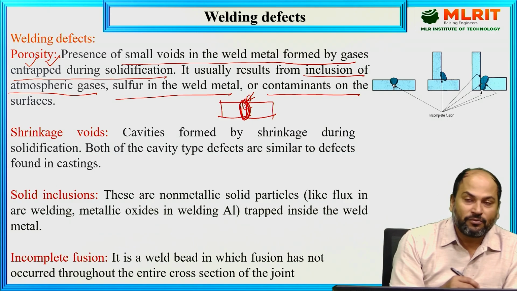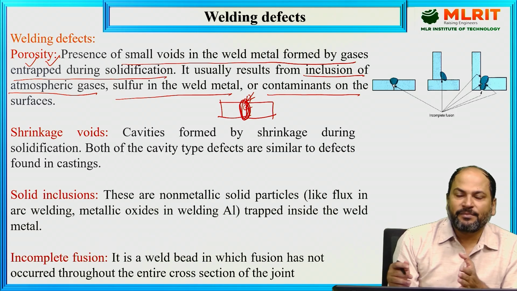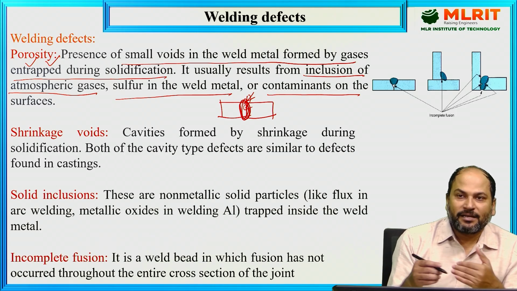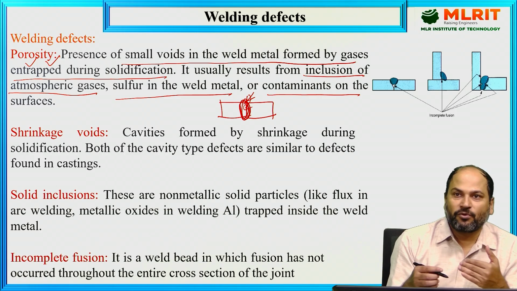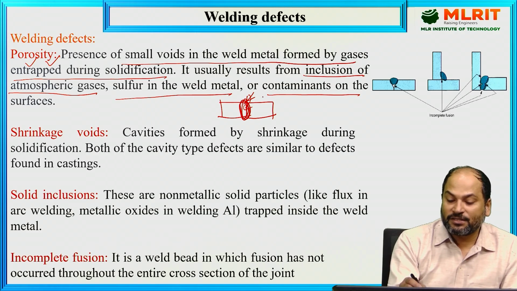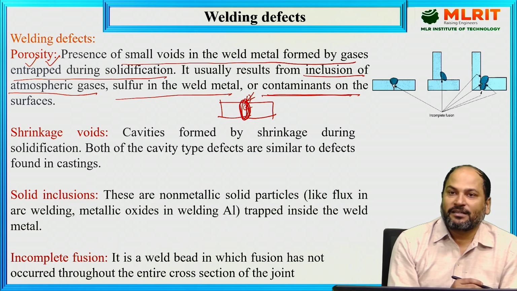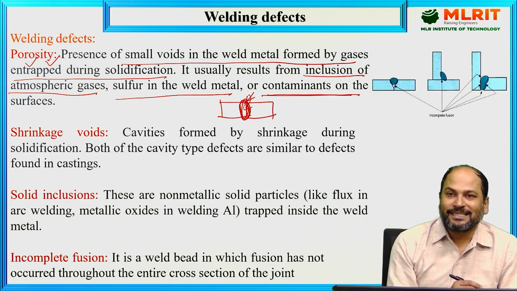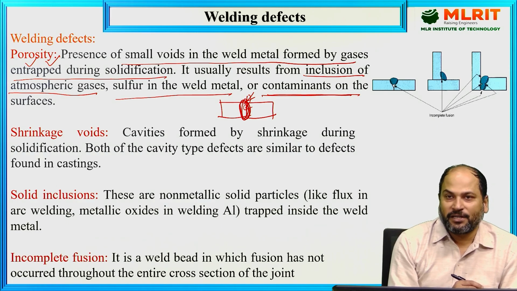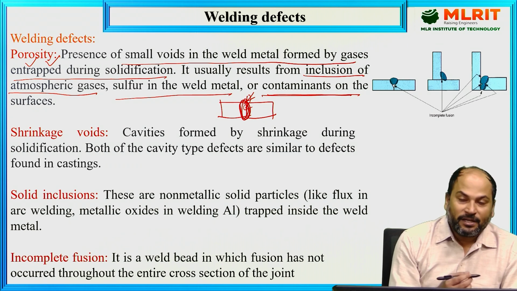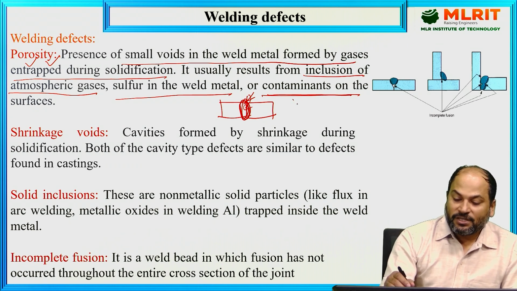So what can we do, how can this be stopped, or how can we avoid this porosity in welded structures? The first thing in our hands that we can do very easily is, whatever parts we are going to weld, first we need to clean those parts properly. If they are cleaned properly, then of course there will be no problem, and it will not be entrapped there.